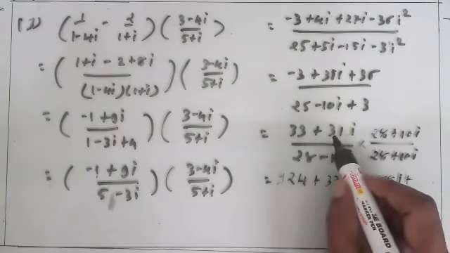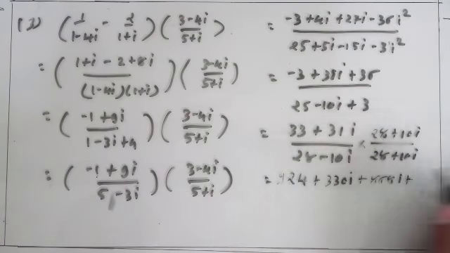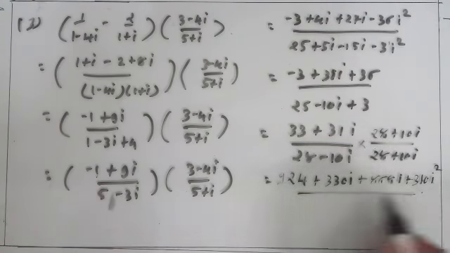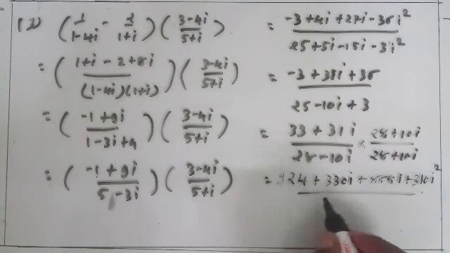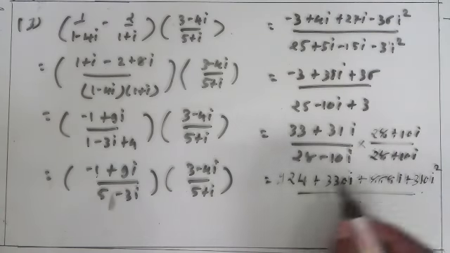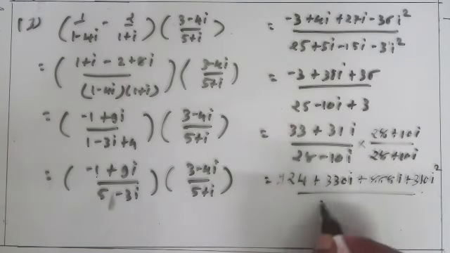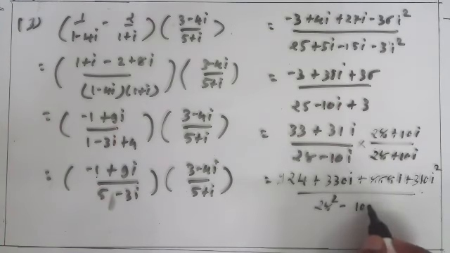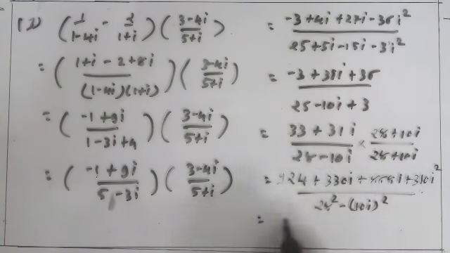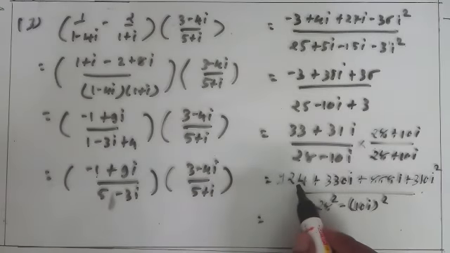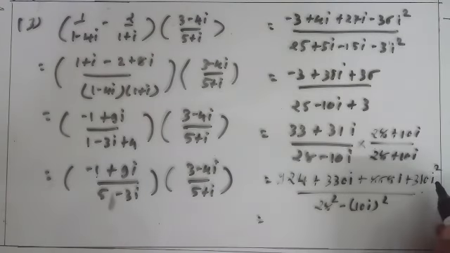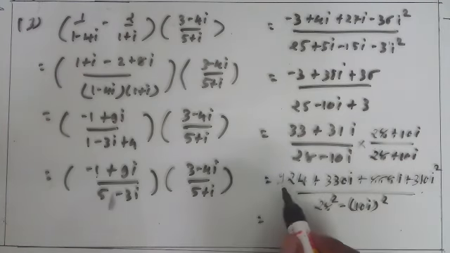Plus 31i into 10i becomes 310 i square, upon product of these two. a minus b into a plus b is equal to a square minus b square, that is 28 square minus 10i square. Clear?